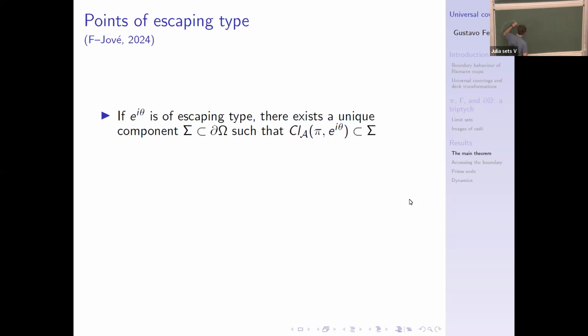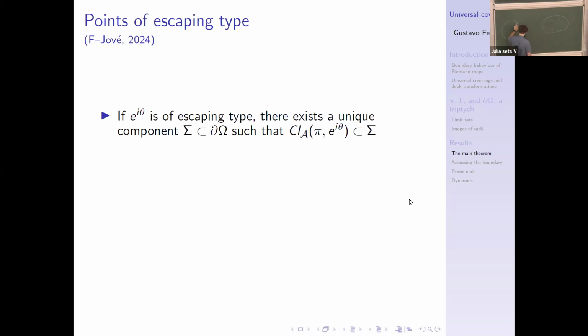Okay, so now let's say that I have this guy here, which is some escaping point for the universal covering of, I don't know, let's say that this is my domain, right? Where here I have some sequence of points tending to these boundary components.